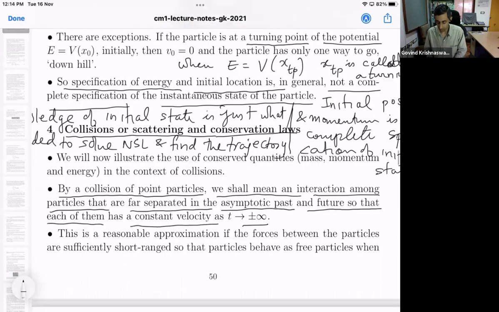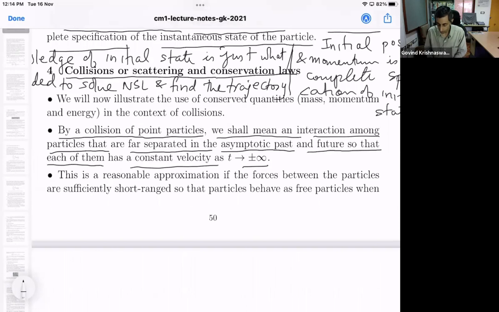Okay, so the picture is as follows. You have particles coming in from far away, let us suppose there are 2 over here. Then they get closer. In the asymptotic past, they have straight line trajectories. They get closer. Well, maybe there is some force between them. Maybe they repel each other.